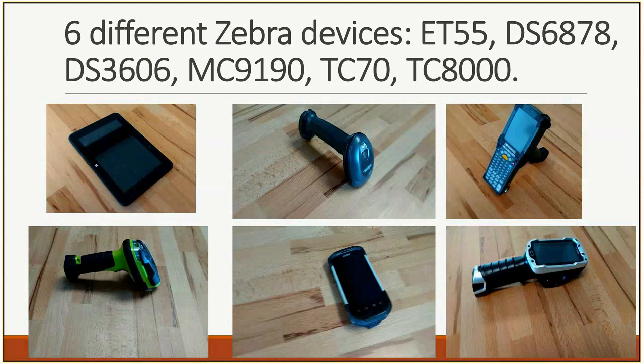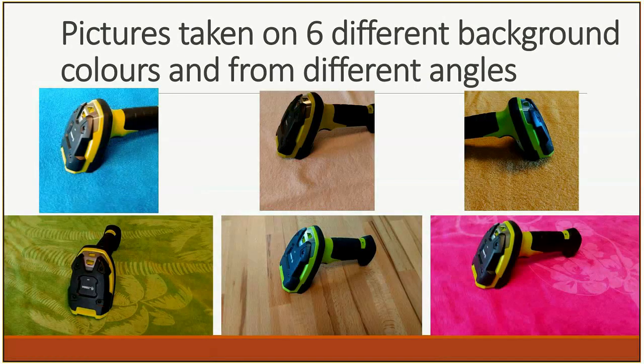Here you have the images of them. They are ET51, DS68, DS36, MC91, TC70, and TC8000. I've chosen them because they have slightly different form factors, which would make classification easier.